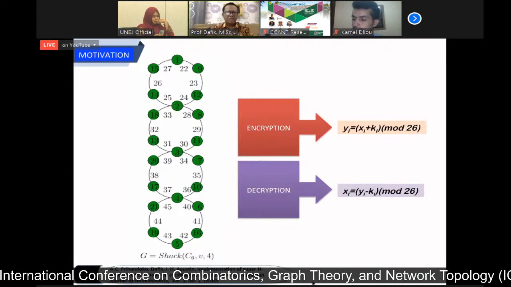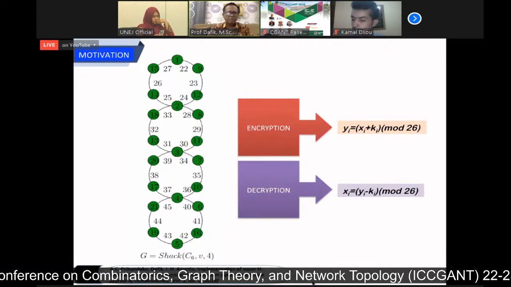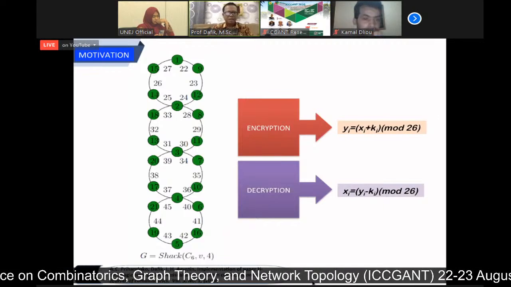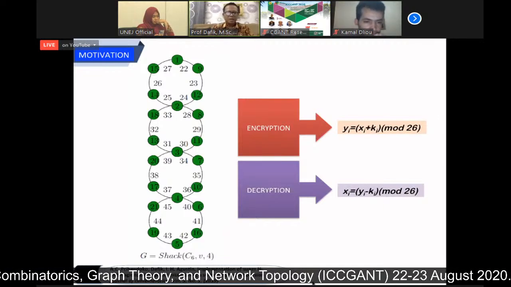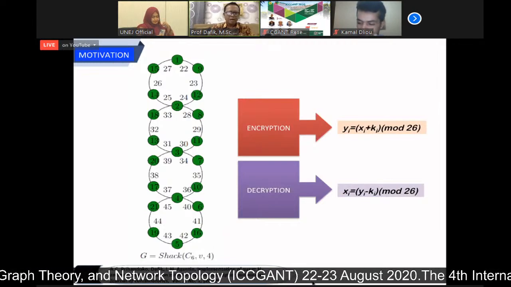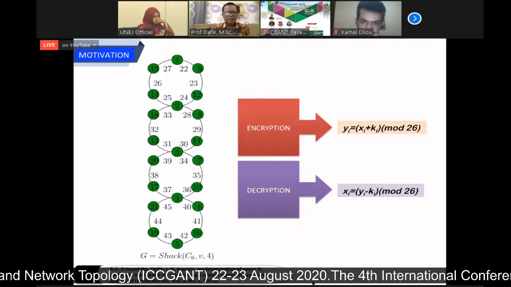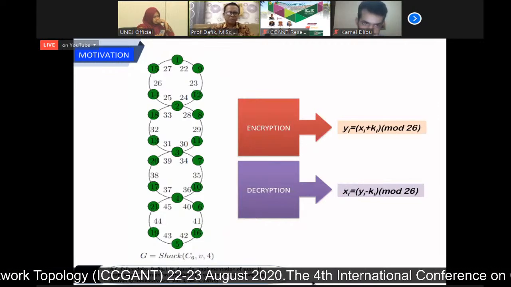By means of this kind of labels, we have the encryption process using the formula yi equals xi plus ki modulo 26. Why modulo 26?